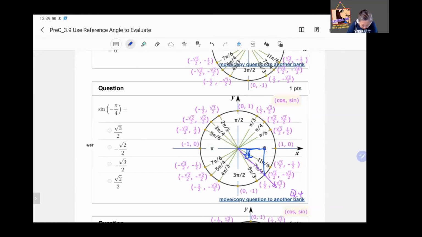This is alpha, and this is a right triangle using the same hypotenuse as the radius of the unit circle. Then these are the coordinates that we are using. Then what is sine? Sine is the y coordinate, and it's right there. Easy, simple, the answers are all on the unit circle.